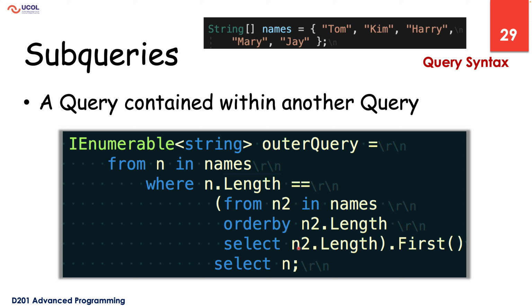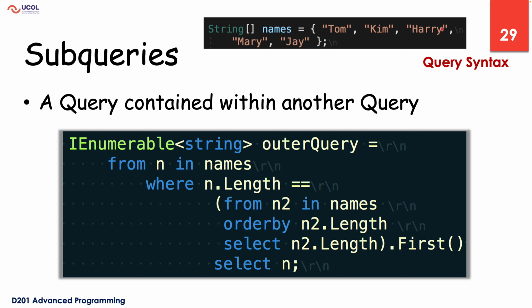So when we select, it will not select the name. If we have Tom, Kim, J, and so on, it will select only the length. It will provide an integer value as a return. If we don't apply the filter or First, then it will return 3, 3, 3, 4 and 5.